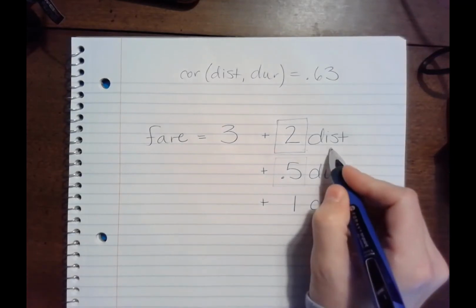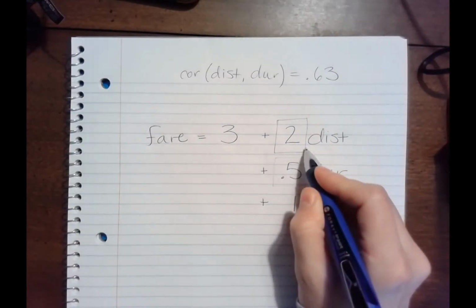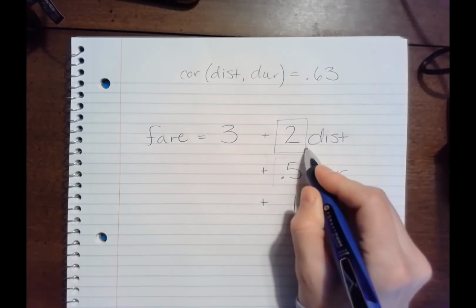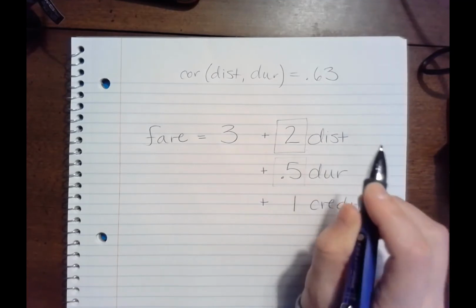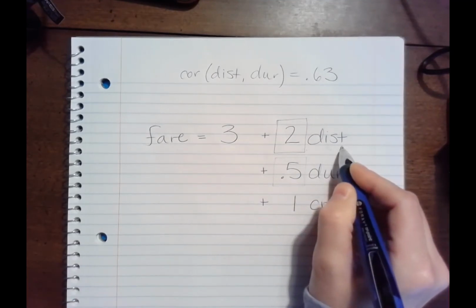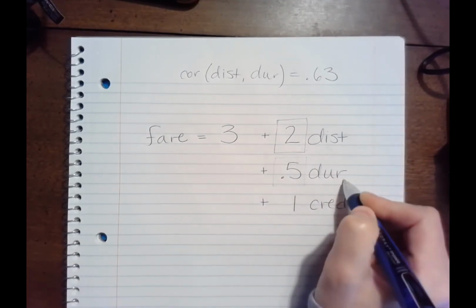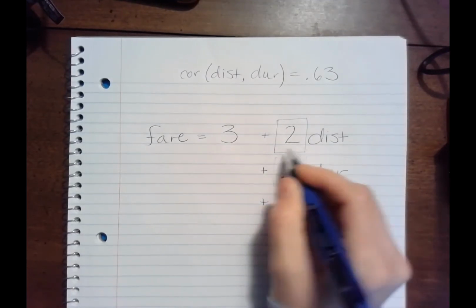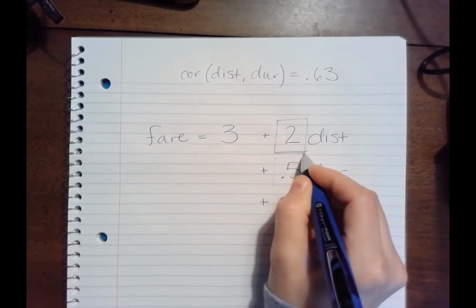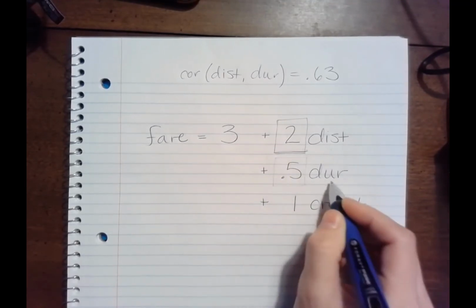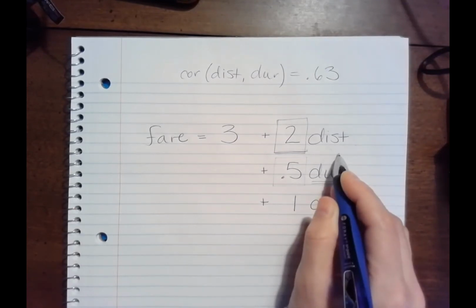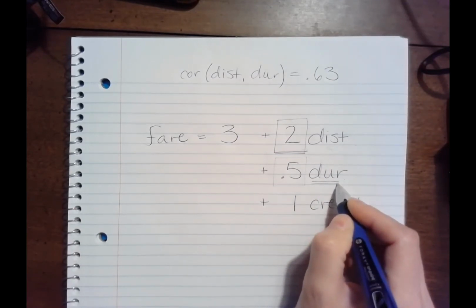So if I try to isolate distance to interpret its coefficient, I could say the distance goes up by 1 mile, so that's going to add $2. But wait, the distance goes up by a mile, the duration is likely to go up too. So instead of being able to add $2 to my prediction because of this coefficient, I have some unknown change in the duration. Distance goes up by 1 mile, duration is likely to go up, but by some amount that I don't know.